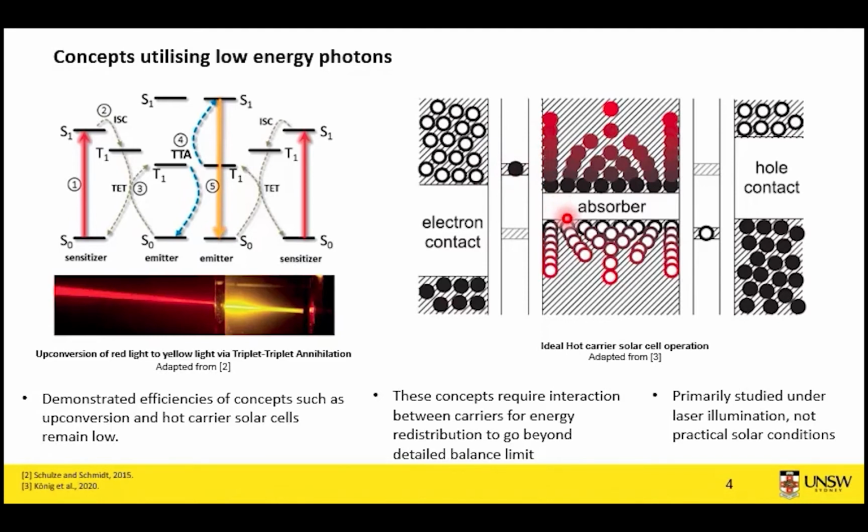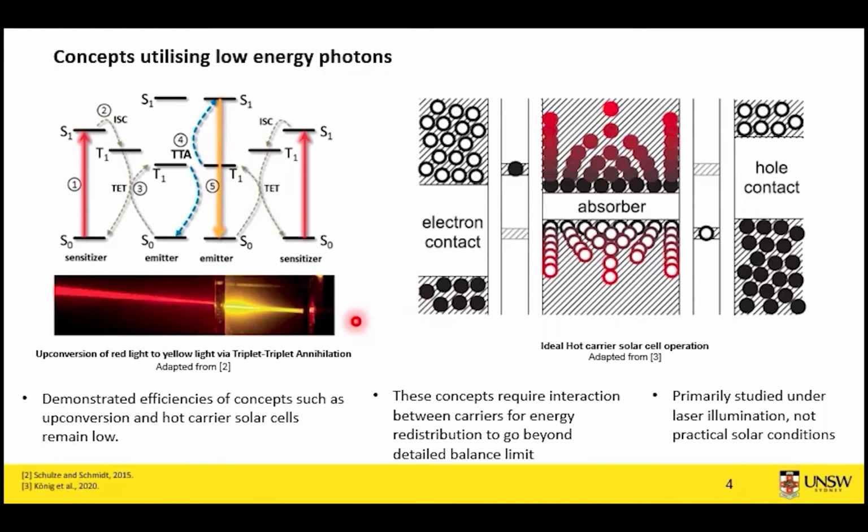This combats thermalization losses, hence allows hot carrier solar cells to have small band gaps and absorb low energy photons. However, it's important that carriers scatter off each other and form the high temperature distribution for hot carrier solar cells to function. In fact, both upconversion and hot carrier solar cells require interaction between molecules or carriers and energy redistribution for them to function.